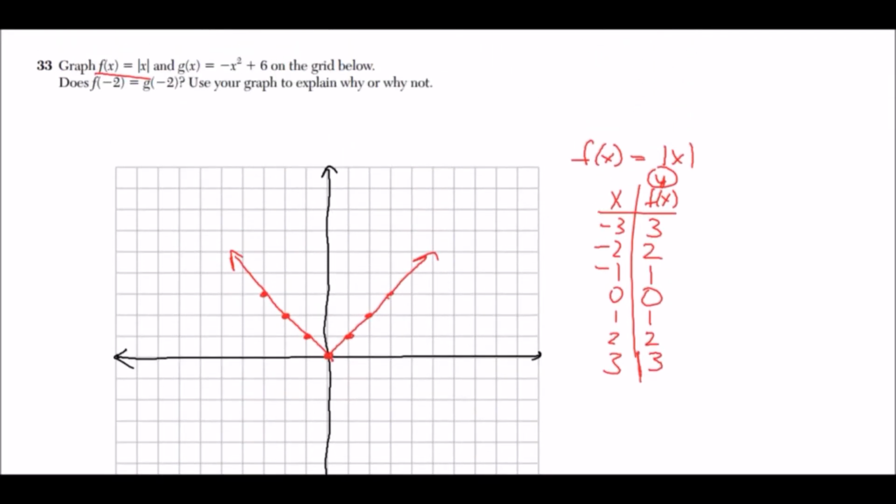Now let's do the same thing for g of x, which is a little bit more thorny. And it's important to note that this is not negative x all squared. We would square the x first and then negate it.